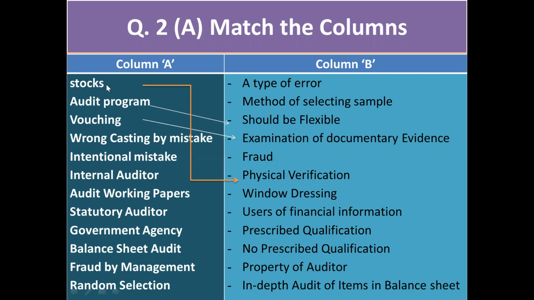So first, stocks, you have to match with this B column, from the A column. Stock is the first item from A column that we have to match with the B. And there are many more options: a type of error, method of example should be flexible, examination of documentary evidence, frauds, physical verification, window dressing, uses of financial information, prescribed qualification, no prescribed qualification.